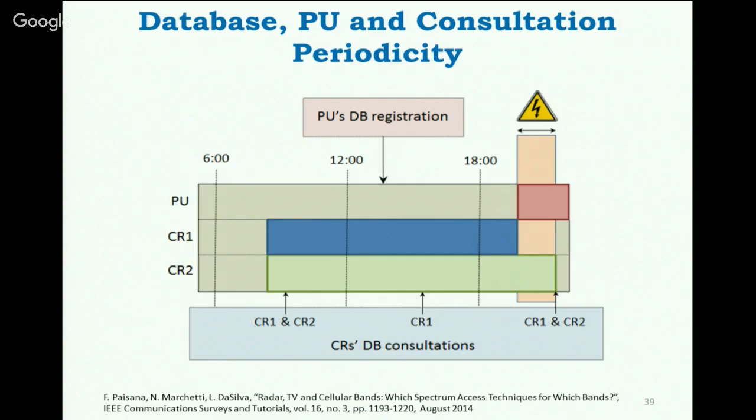So they keep transmitting, right, with time. And basically there is a certain period where you consult the database. So for example, after a few hours, say about 6 in this example, Cognitive Radio 1 would consult again, and Cognitive Radio 2 wouldn't. Cognitive Radio 2 would have double the period for consultation.